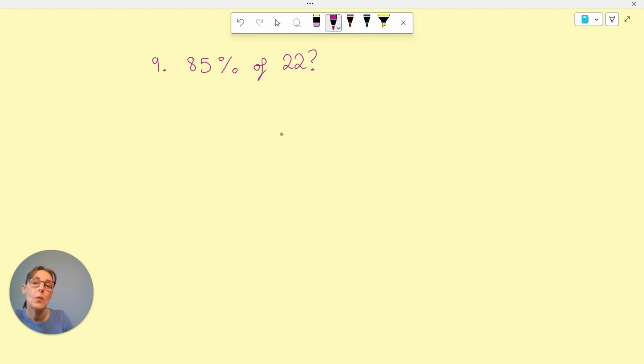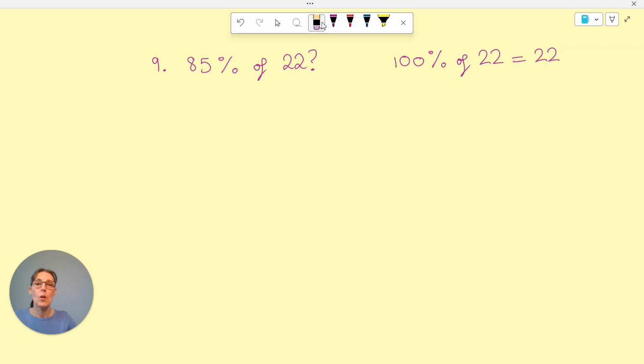Right, because it's close to 100% and 100% of 22 is 22. 100% is the whole thing, isn't it? 100%, remember, means 100 hundredths. 100 hundredths is the whole thing.